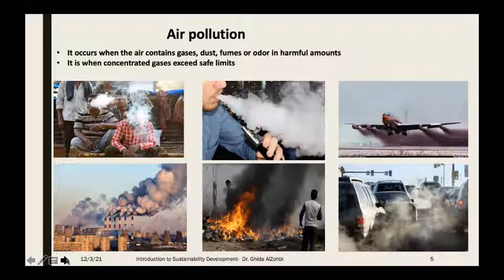In addition, it is when concentrated gases exceed safe limits. As you can see here, there are some examples of air pollution, such as smoking, transportation from cars and airplanes, and also generating electricity in power plants.